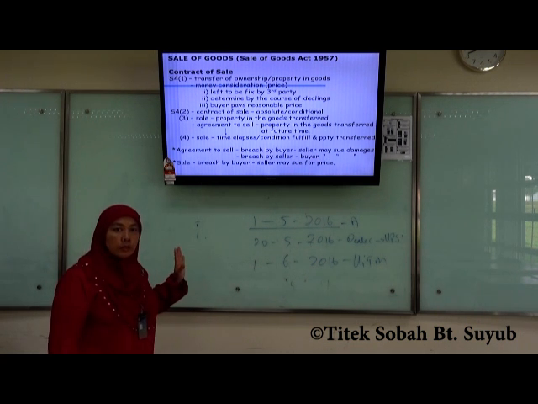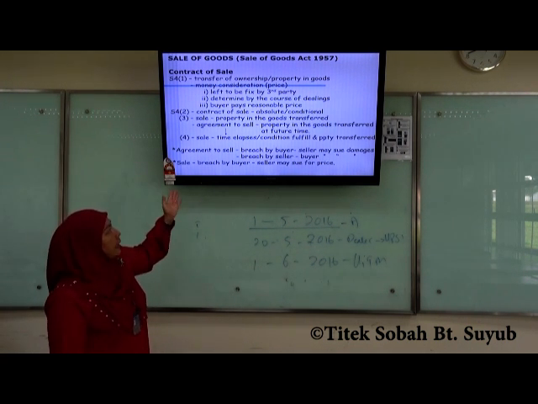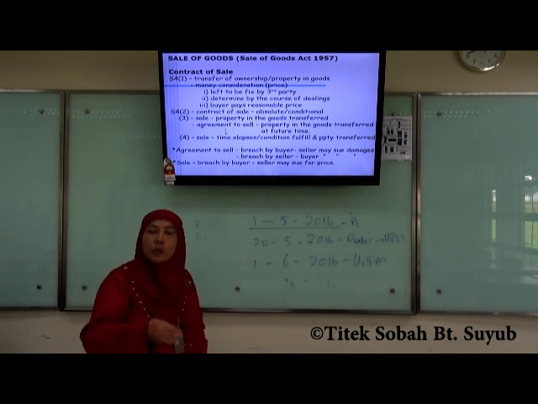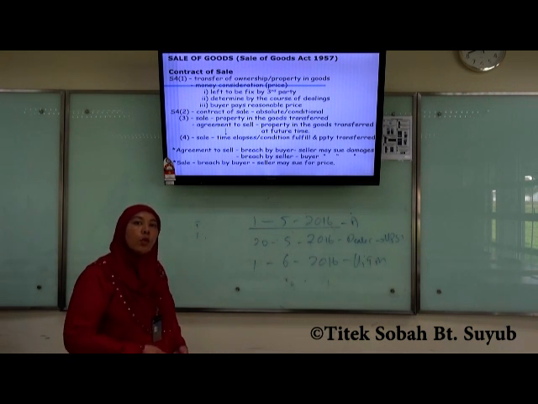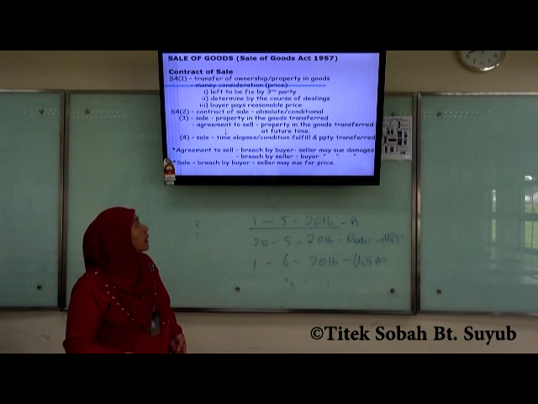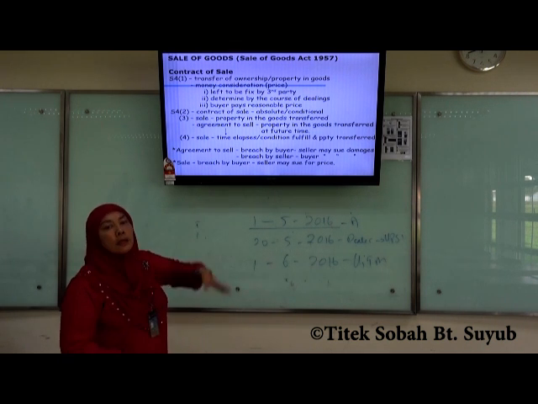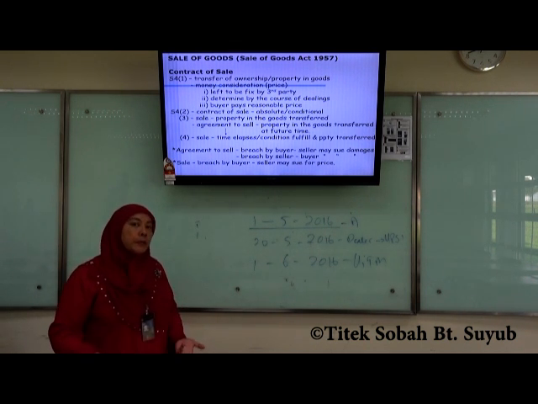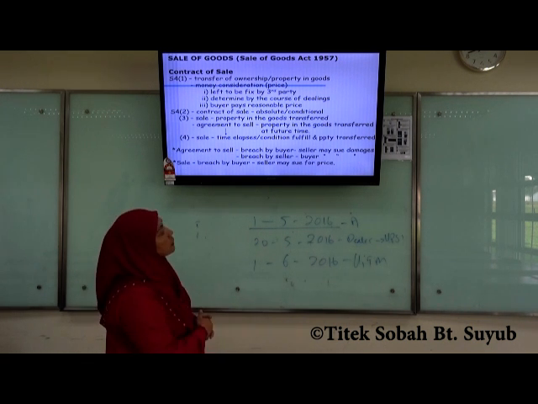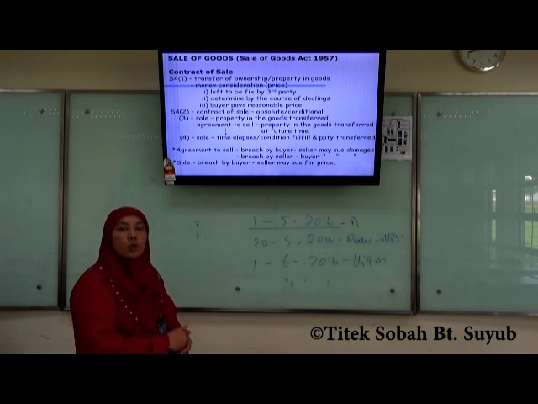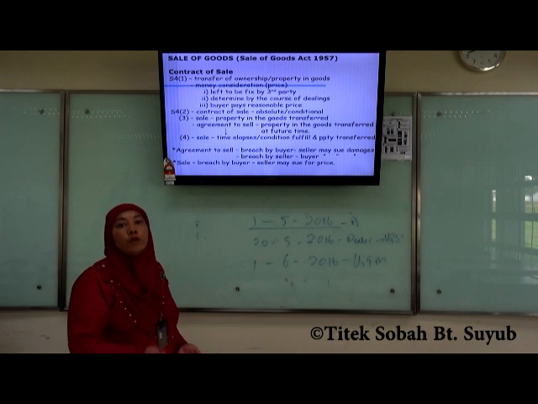As I told you just now, if this is a sale, then the property in the goods has already been transferred to the buyer. However, if this is only an agreement to sell, under that situation the property is not transferred to the buyer yet, because this situation involves goods which need to be delivered in future.